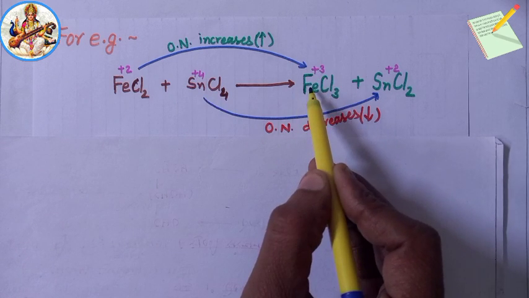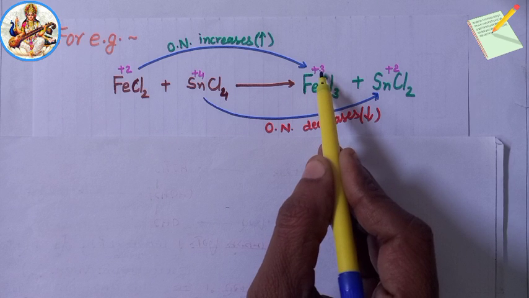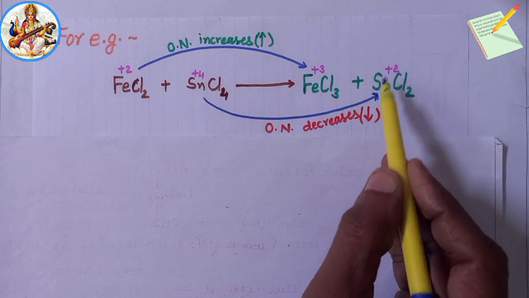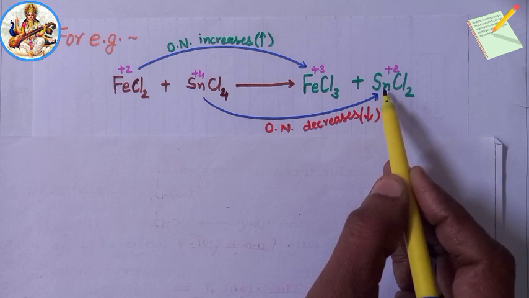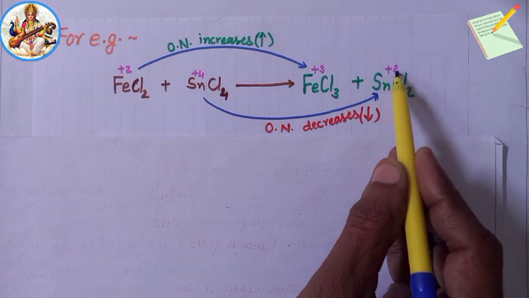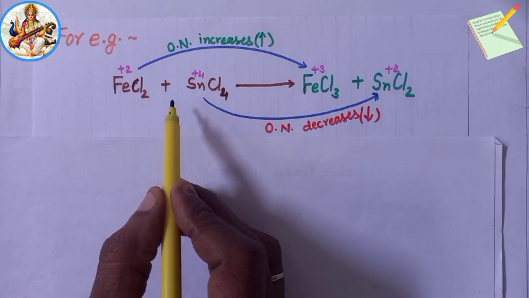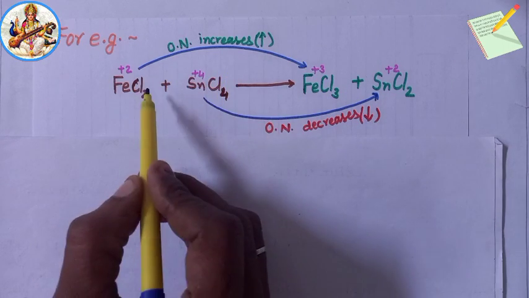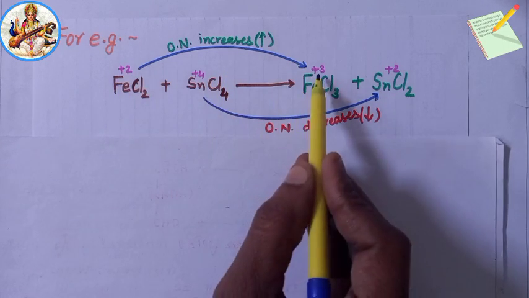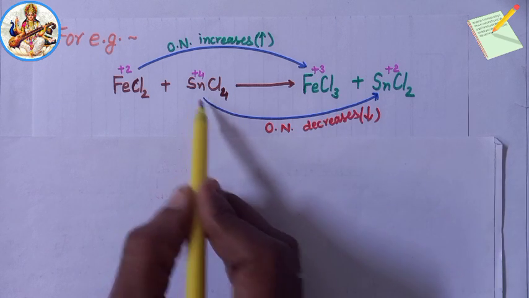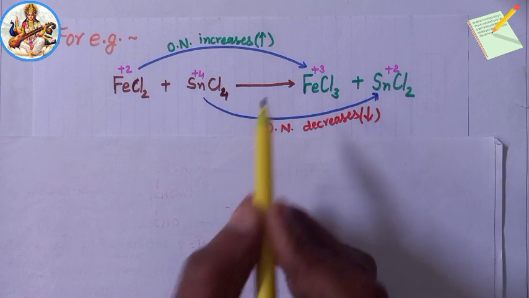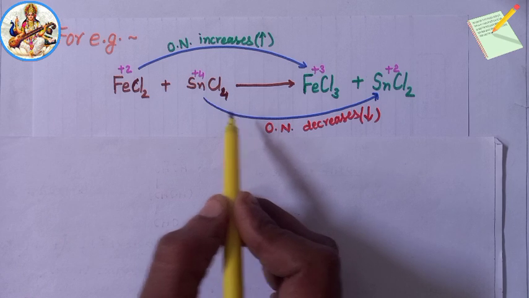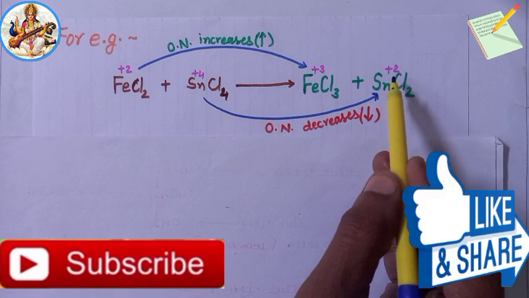In FeCl3, the oxidation number of Fe is +3 and in SnCl2, the oxidation number of stannum is +2. The oxidation number increases from +2 to +3 for Fe, and decreases from +4 to +2 for Sn.